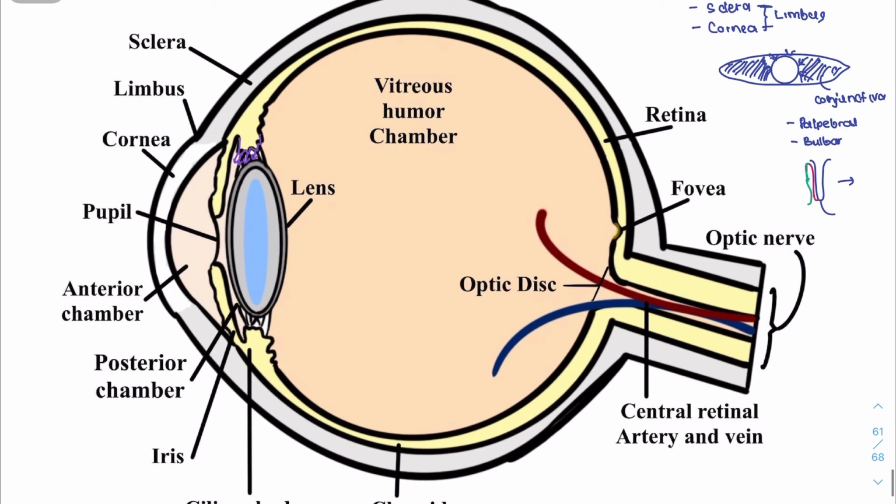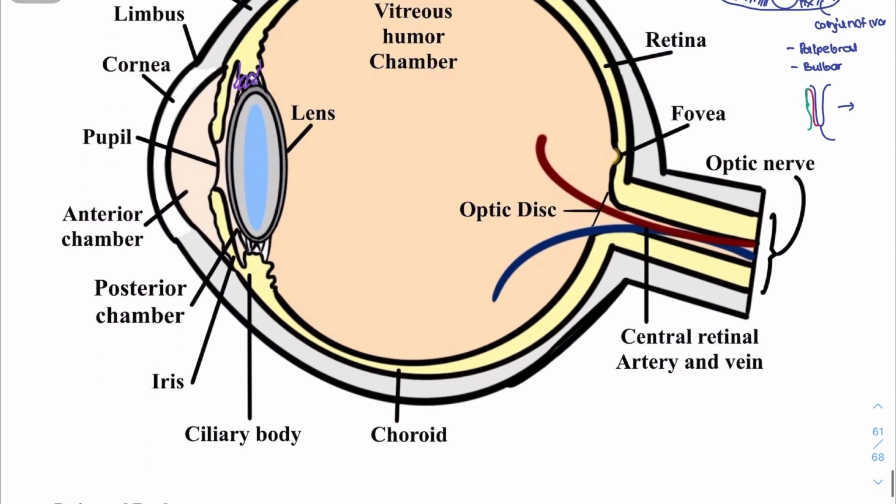Next, we have the optic nerve and the optic disc. So the optic disc is called the blind spot of the eye, while the fovea is present as a depression and is involved in central vision. So if you are to think of central vision, let's describe what central and peripheral vision is.